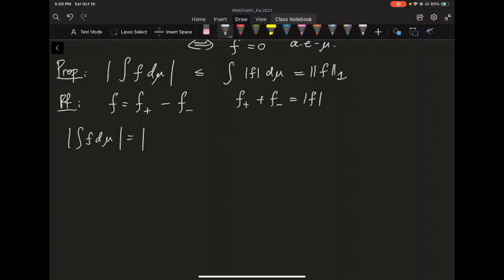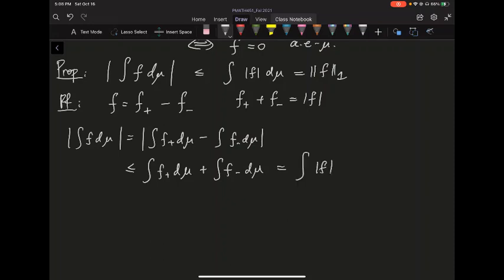By definition, for this real-valued function f, the integral is the difference between the integral of its positive part and the integral of its negative part. And no matter what, because f plus and f minus are both non-negative, this is less than or equal to adding these two up. And this is no other than the integral of their sum, which is the absolute value of f. And this by definition is the one norm of f. So now we proved this last proposition.